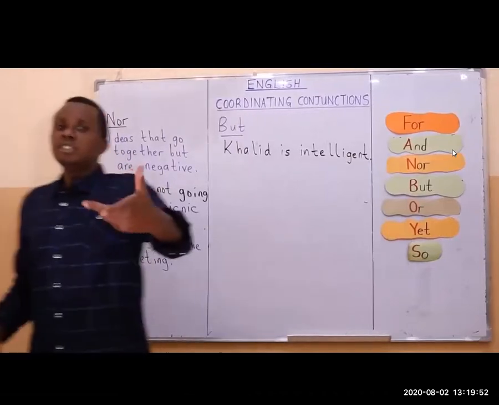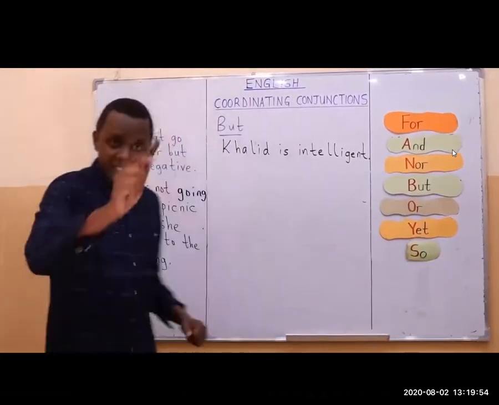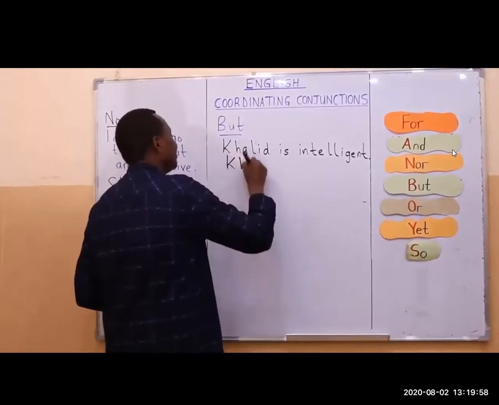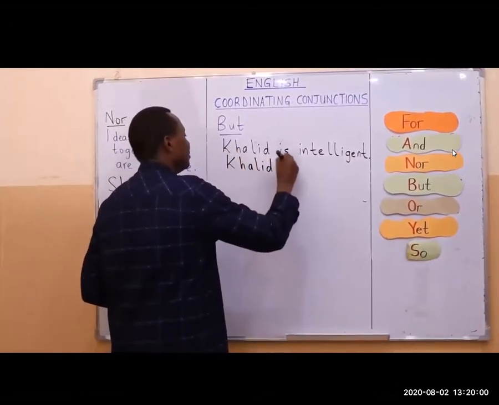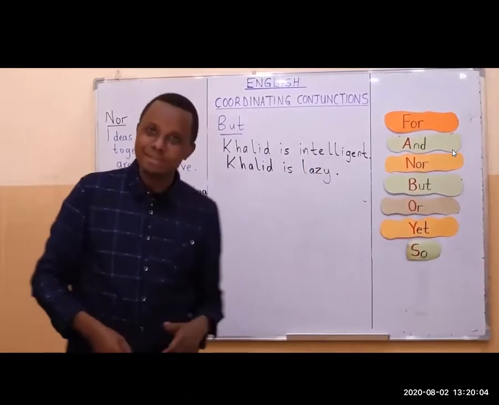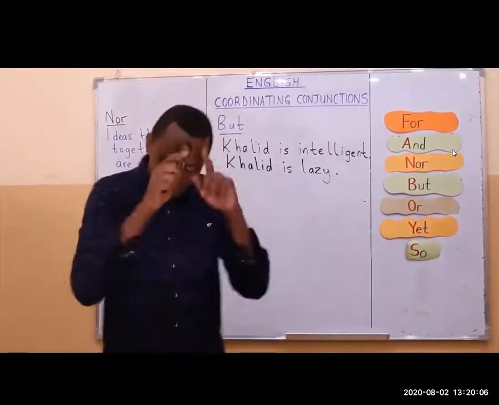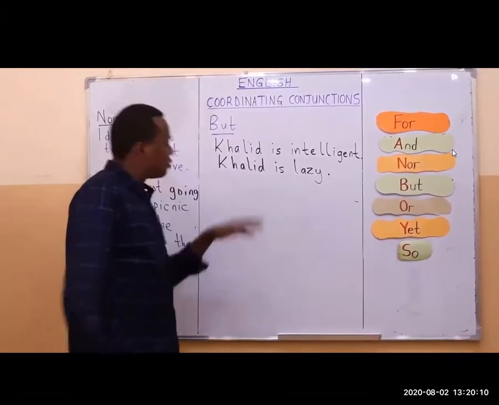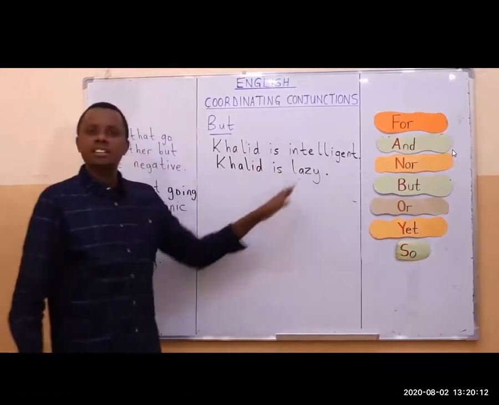Khalid is intelligent. That is the first sentence. There is another thing about Khalid. Khalid is lazy. But I'm not talking about you, Khalid. Not you. This is just another Khalid that I know from somewhere else.